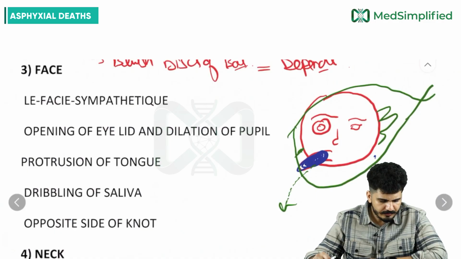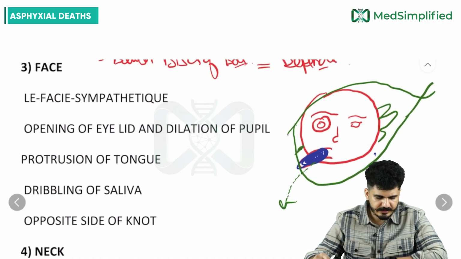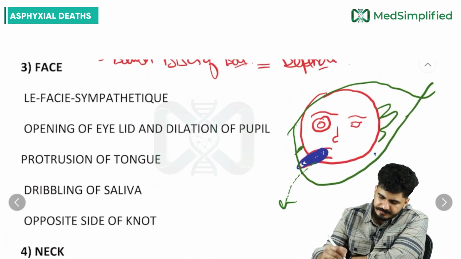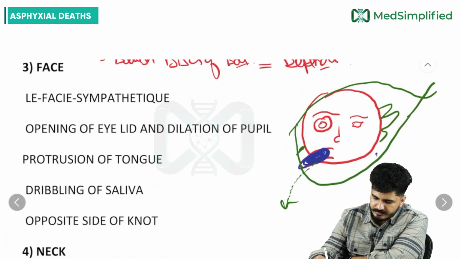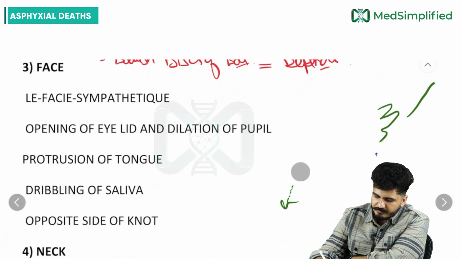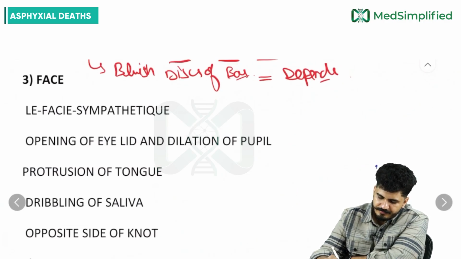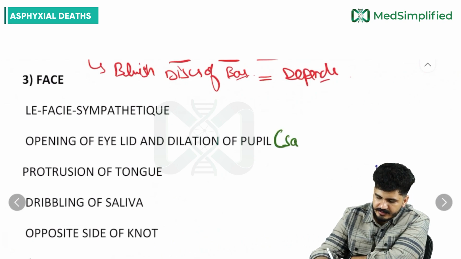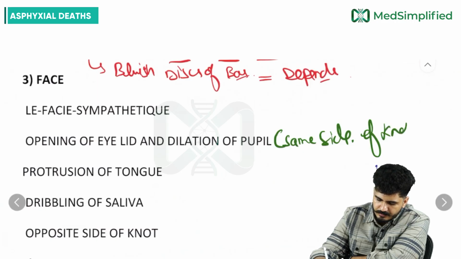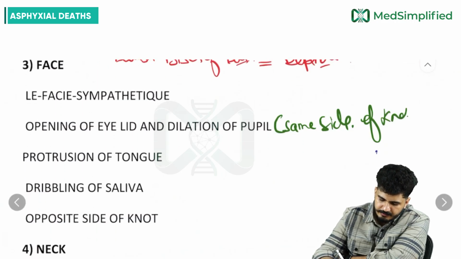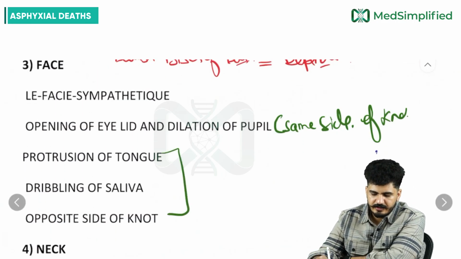Now what will happen? And this eye will open. The opening of the eyelid and the dilatation of the pupil will be on the same side of the knot. Let me redraw it again. The opening of the eyelid and dilatation of pupil will be on the same side of the knot, and protrusion of tongue and dribbling of saliva will be on the opposite side of the knot.